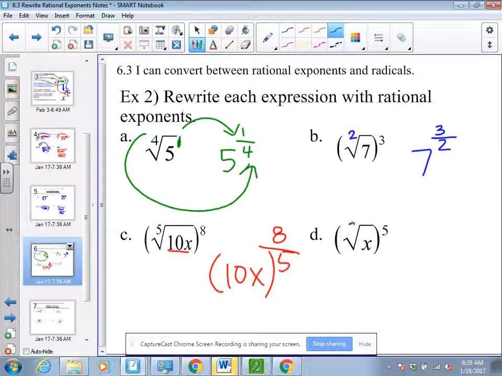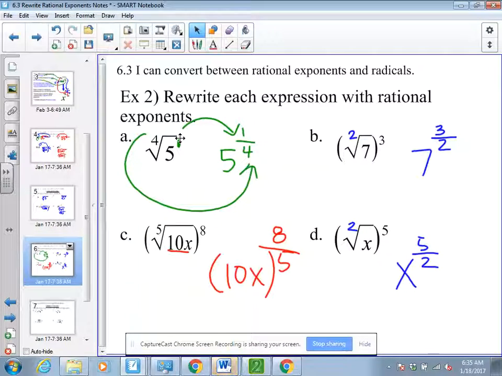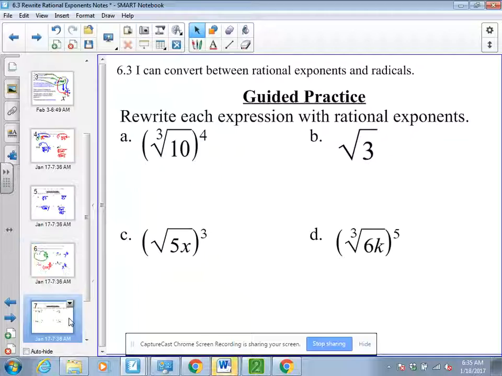Remember, if I don't have an index, that's 2. This is going to become x to the 5/2. So again, we are just rearranging, not solving, not really simplifying, just rearranging. So I want you to try these yourself. I'm just going to put answers up for you.